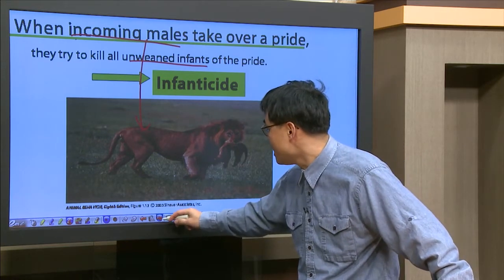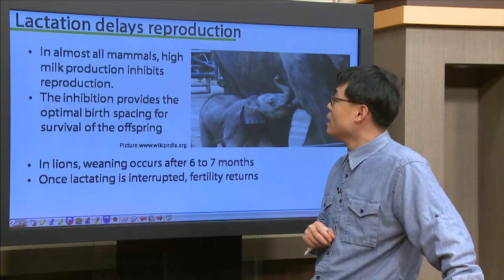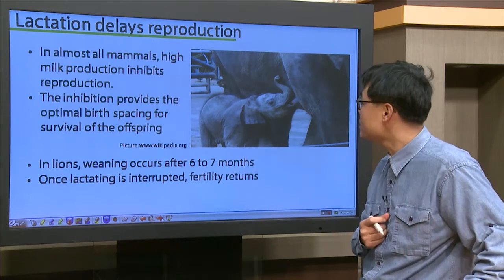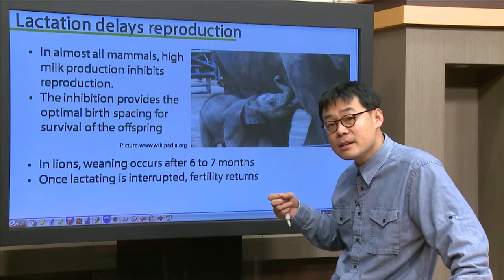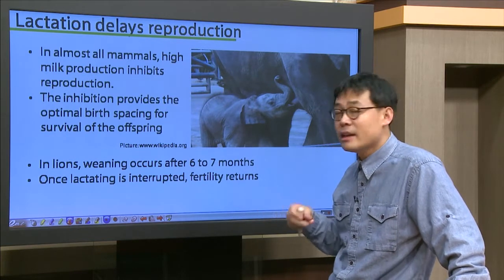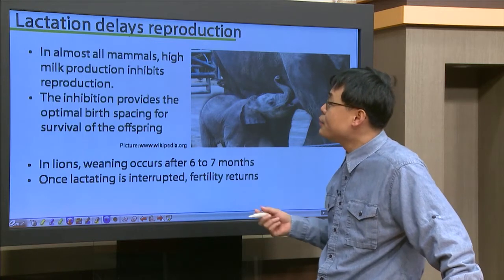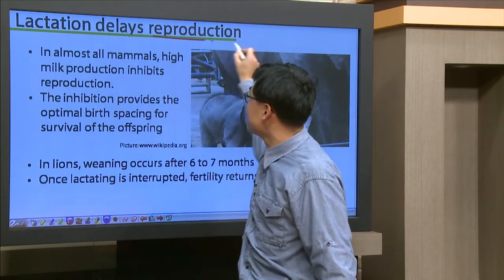To understand this behavior, we need to know some of their physiology. That's true of all mammals. We humans are also mammals. The females of mammalian species lactate. They feed the offspring. And if you lactate, then it delays reproduction.